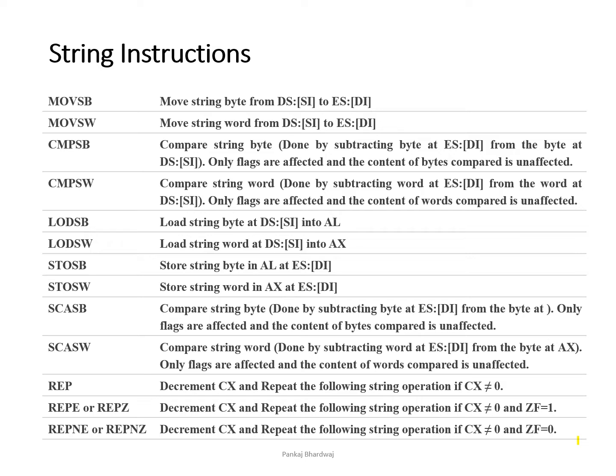For the string instructions, we have MOVSB, that means move string byte, and MOVSW, that means move string word. It basically moves the string byte from one segment to the other. The source segment by default is the data segment, and the destination segment is the extra segment.